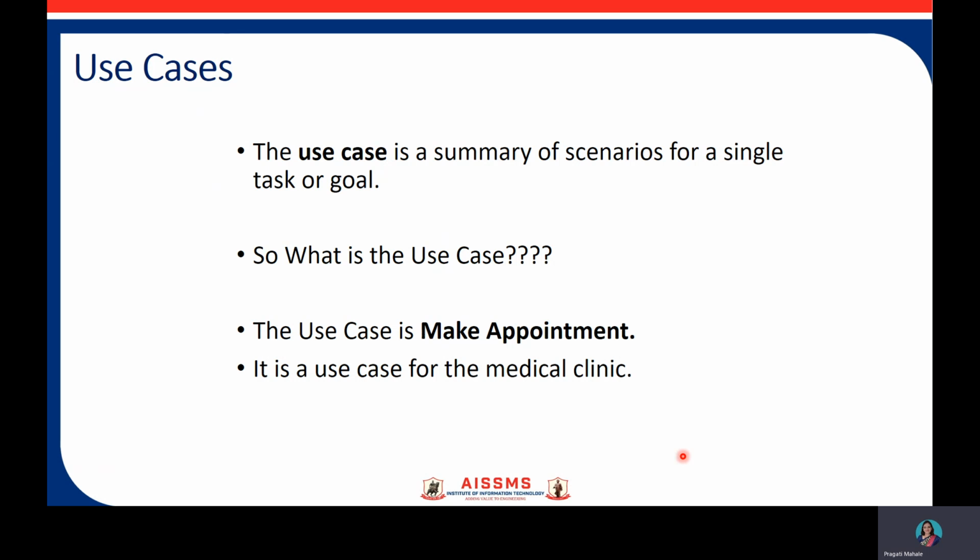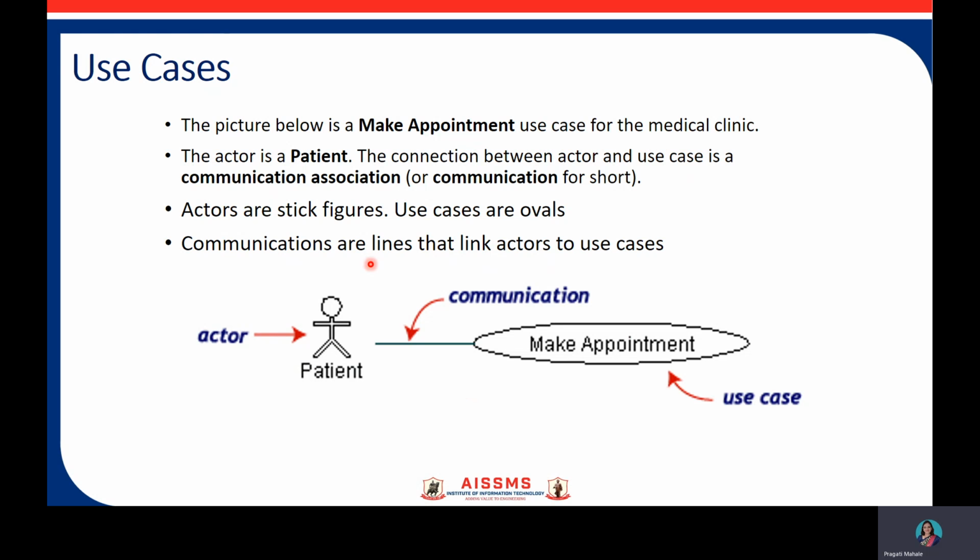Now, a use case is a summary of scenarios for a single task or goal. So in our example, when we consider various use cases, one of the use cases is to make the appointment. It is a use case for the medical clinic. The picture below is the make appointment use case for the medical clinic example.